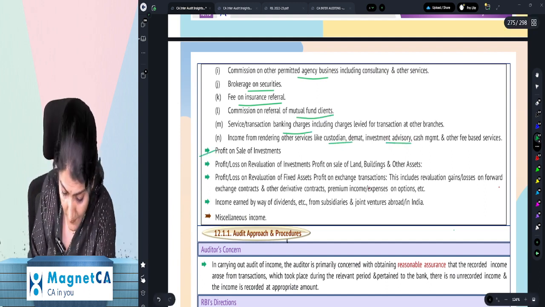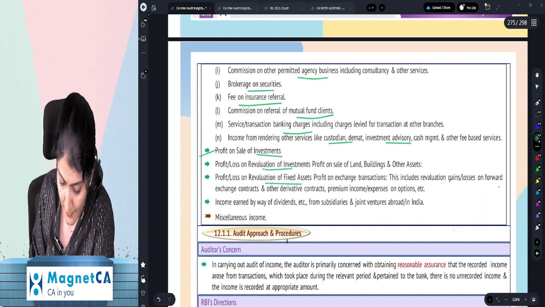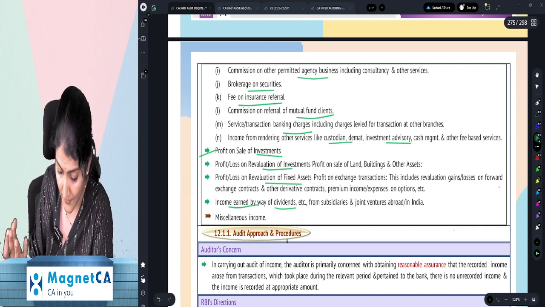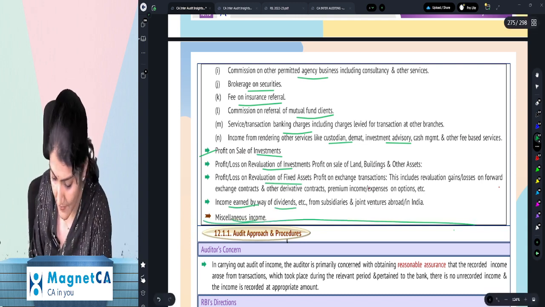Then profit on sale of investment, revaluation of fixed assets, income earned by way of dividend from subsidiaries and joint ventures, and miscellaneous income.